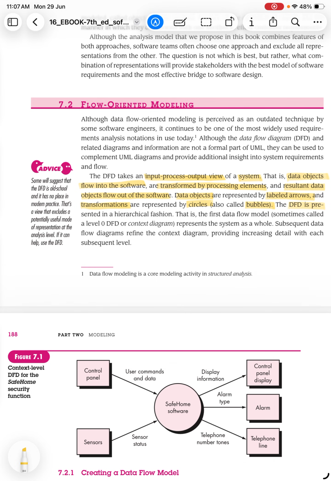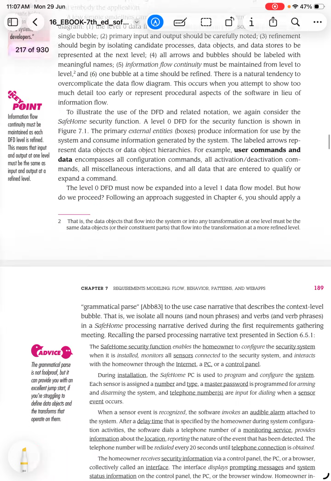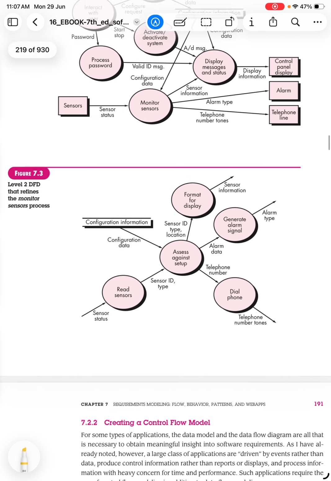The DFD is presented in hierarchical fashion. That is, the first data flow model, sometimes called a level 0 DFD or context diagram, represents the system as a whole. Subsequent data flow diagrams refine the context diagram, providing increasing detail with each subsequent level. We could see that in the level 0 DFD, level 1 DFD, and level 2 DFD.